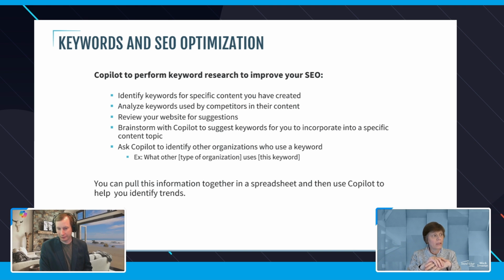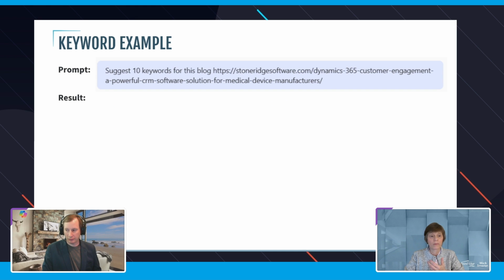You can say to Copilot, and here's an example on the bottom, I have manufacturing efficiencies for chemical companies, or maybe my keyword out of that is CRM chemical efficiencies or chemical efficiency in an ERP. What other organizations are using that same keyword? Maybe there's a competitor out there that I'm not even aware of, and I want to now look at what content they have on their site. So you have a lot of different uses that you can do with this type of prompt.